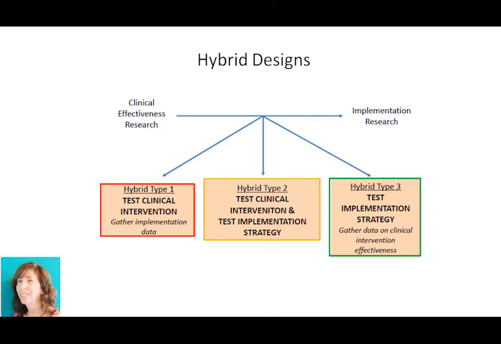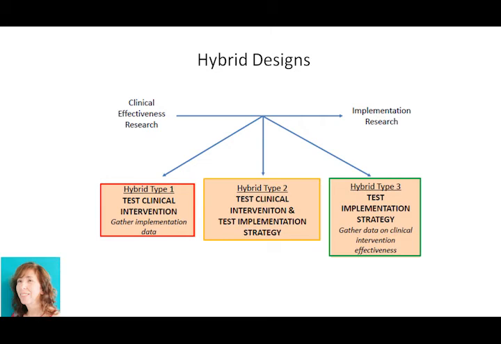A hybrid type 2 is ideal when studying interventions that already have evidence of effectiveness in other settings or populations, but not in the current context or population where we will apply the intervention. So we have uncertainty that there would be a similar clinical benefit and we need to measure that.